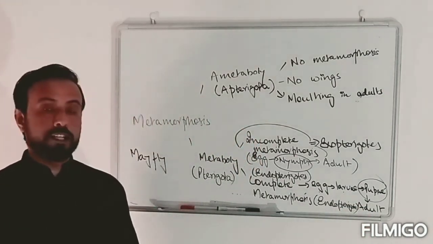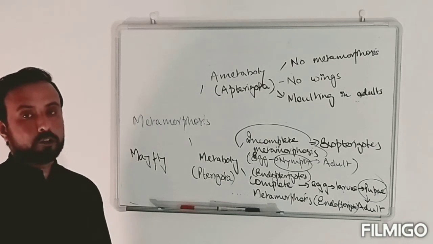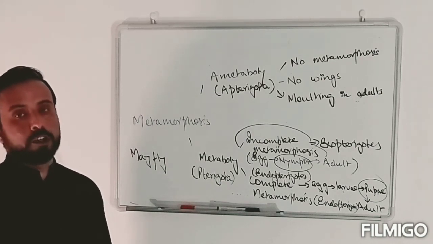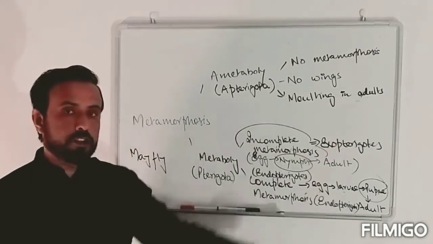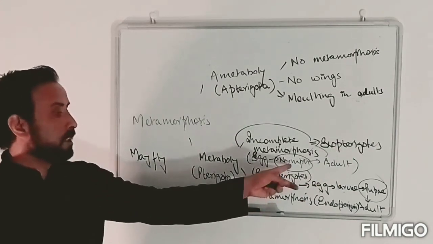Those who show complete metamorphosis are also called endopterygotes because wings develop from the inside of the body in a covered pupal stage. But in case of incomplete metamorphosis or exopterygotes, the wings develop externally in the nymphal stage.